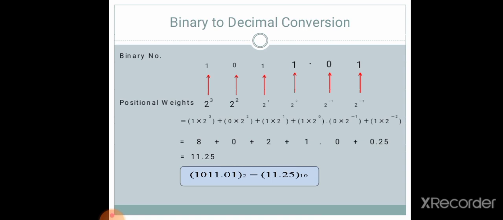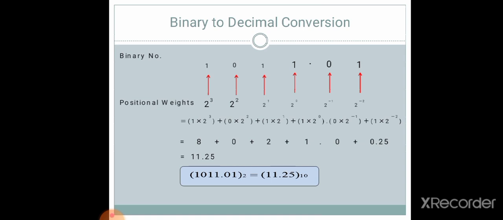Then after the fractional point there is 0. So we'll start giving the weight from the left hand side, and the weights are like 2 raised to minus 1. The weights go on increasing toward the right hand side, but with a minus sign. So 0 has 2 raised to minus 1, and 1 has 2 raised to minus 2.